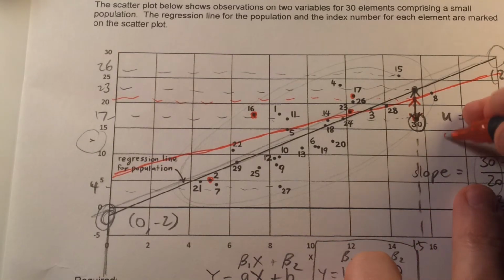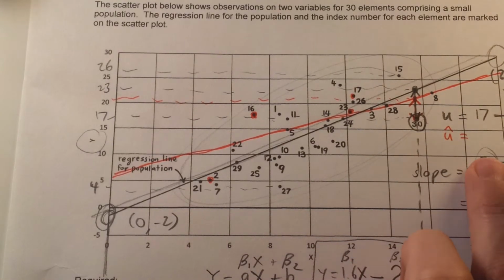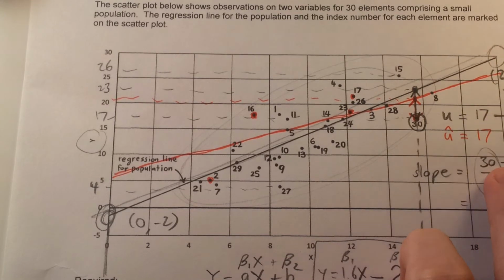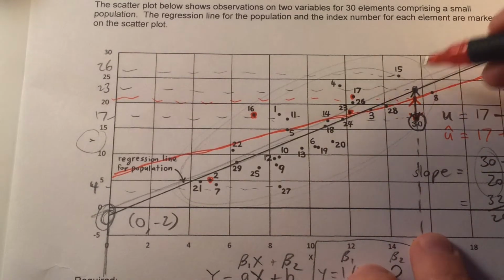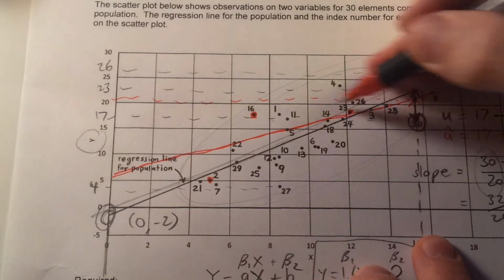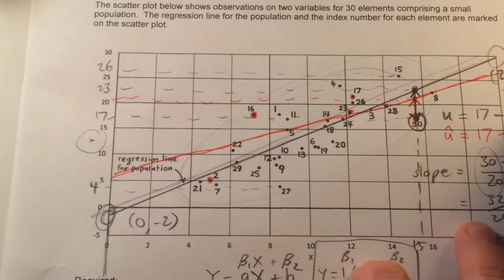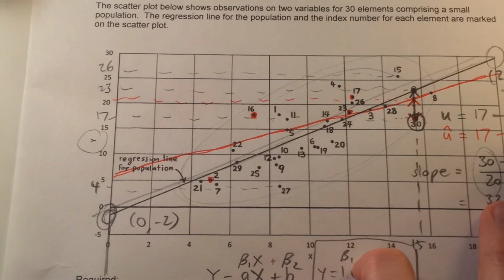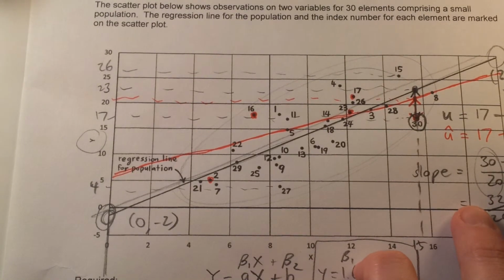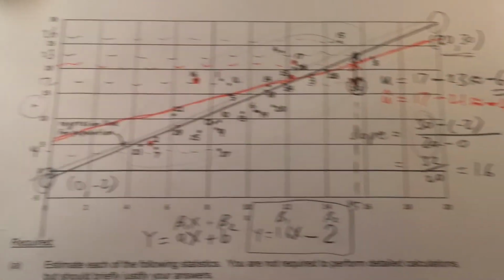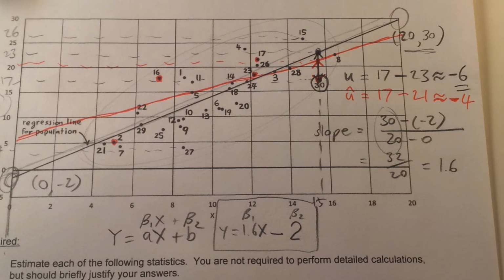And the calculation is the actual value of y, which is 17 as before, minus the estimated value of y based on the sample regression function, and by my calculations that looks like it's about 21. So again, we're going to get a negative value, but smaller magnitude this time, negative 4.